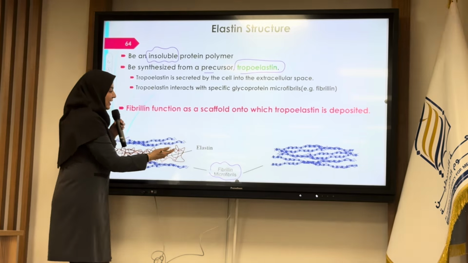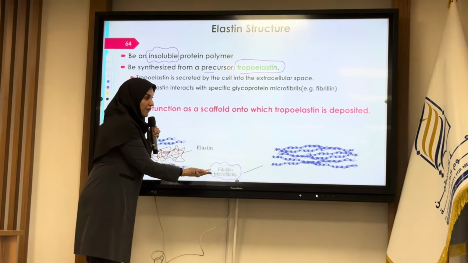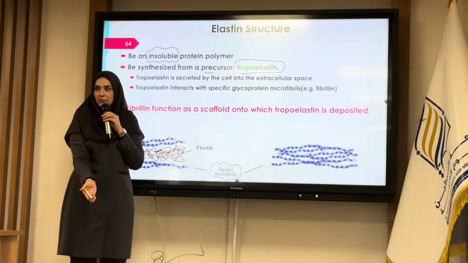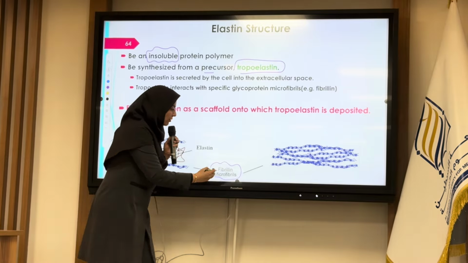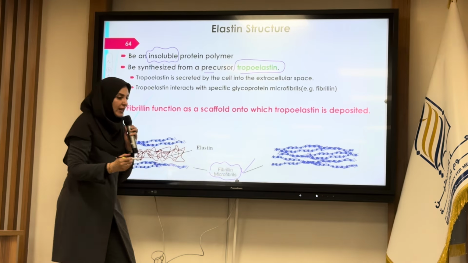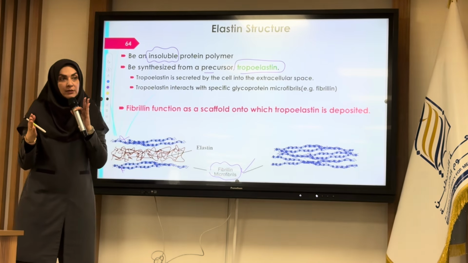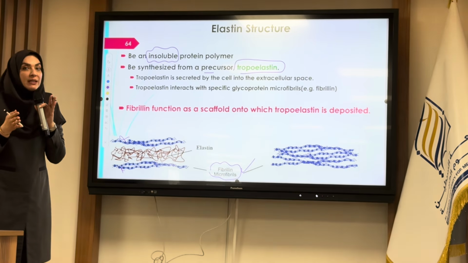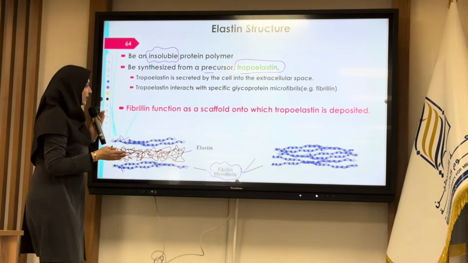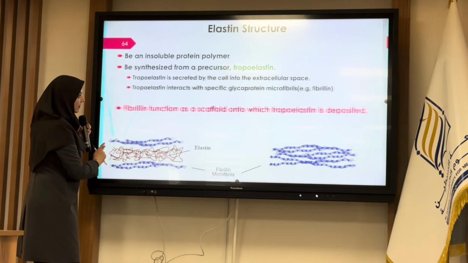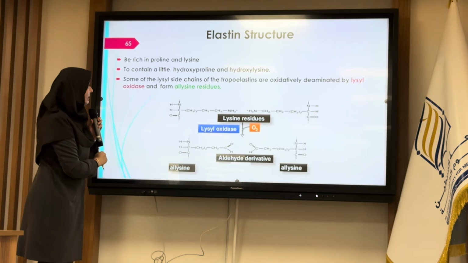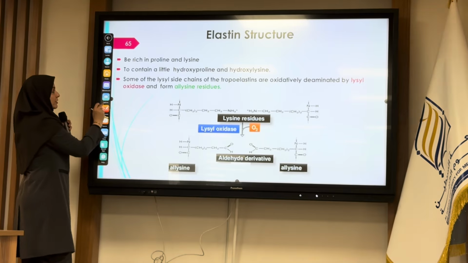Sometimes elastin is normal but fibrillin is abnormal. So you should know that we have one supporter, and the name is fibrillin, to protect the structure of the elastin. What about the structure? What is important to know?